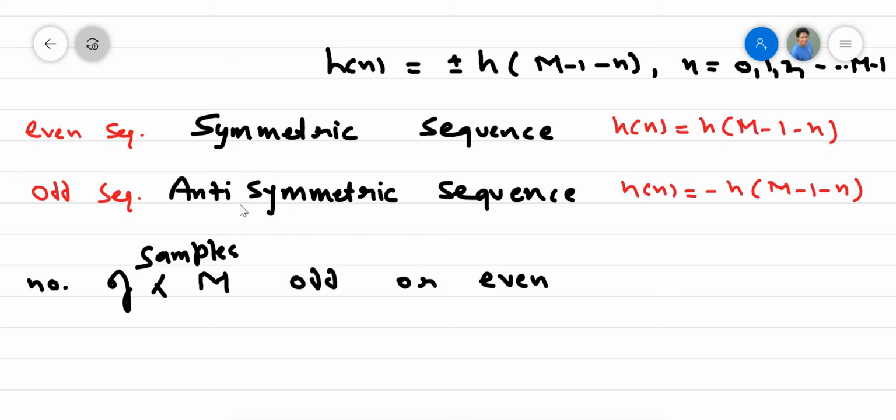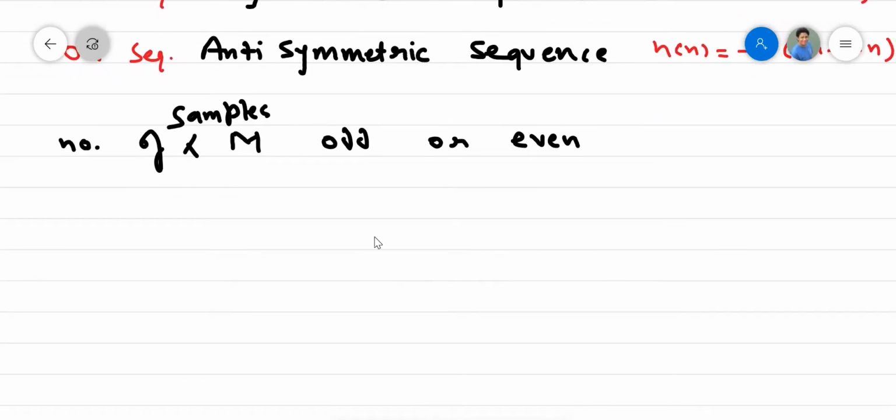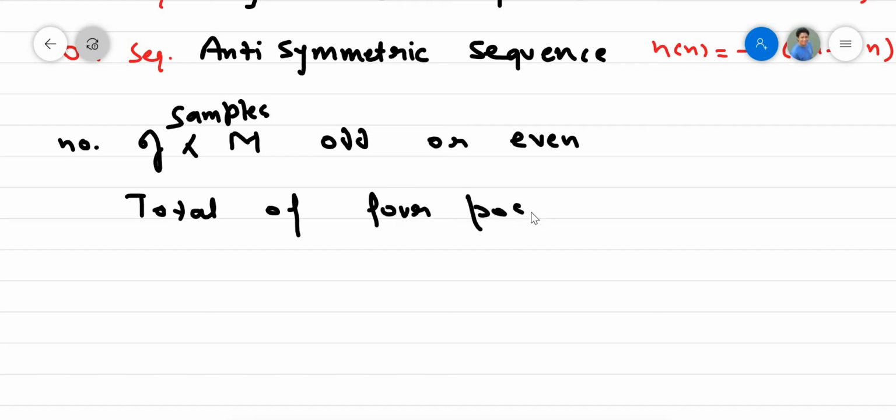One is symmetric sequence, another is anti-symmetric sequence. That means we have a total of 4 possibilities. So we will go with this.